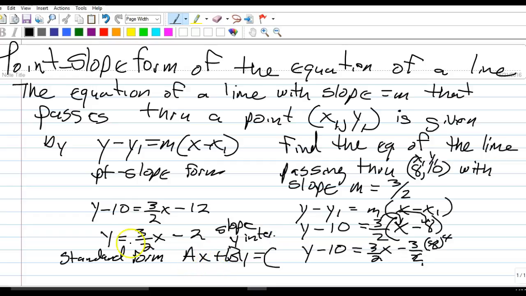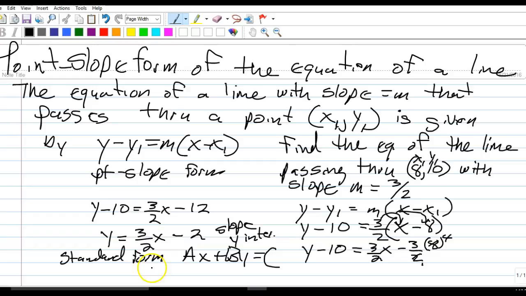This is the standard form. So if I want to transpose the slope y-intercept form of the equation into standard form, then the coefficient for x has to be an integer, and here it is a rational number, or actually a fraction, and the coefficient for y has to be an integer, and c as well. So if I want to write this in standard form, then I need to get rid of the fraction.